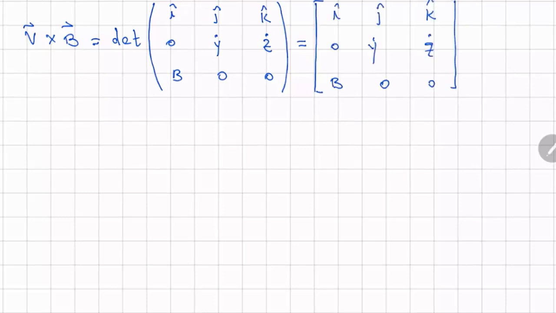The terms in the matrix are the components. For example, these terms are the components of the velocity, and these terms are the components of the magnetic field. Okay, so let's write this cross product like this.